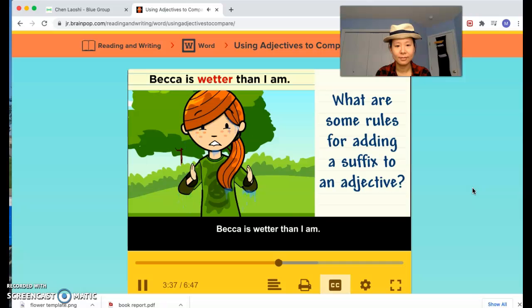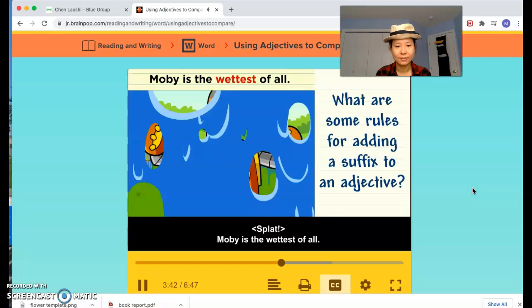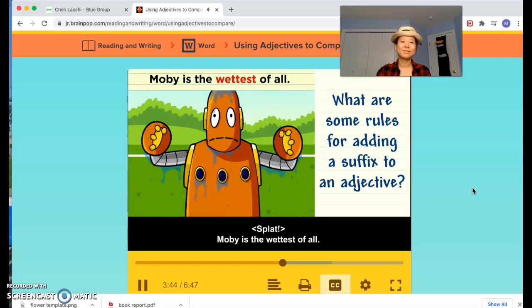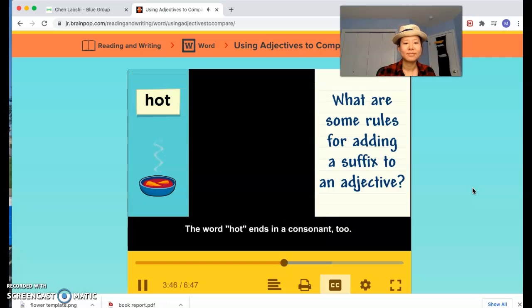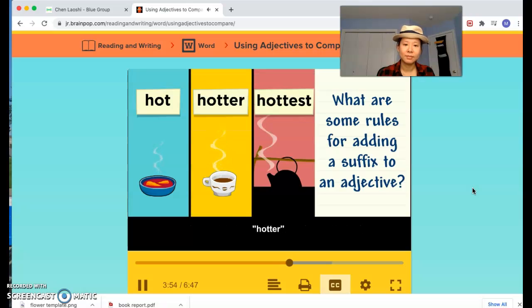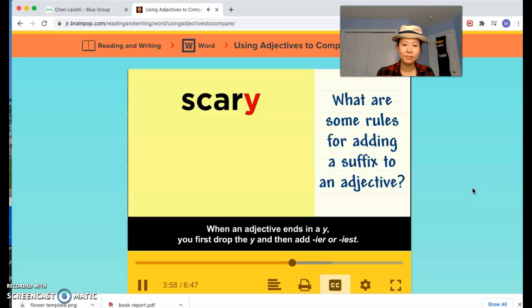Becca is wetter than I am. Moby is the wettest of all. The word hot ends in a consonant too. That means you have to double the consonant to add a suffix. Hotter and hottest.